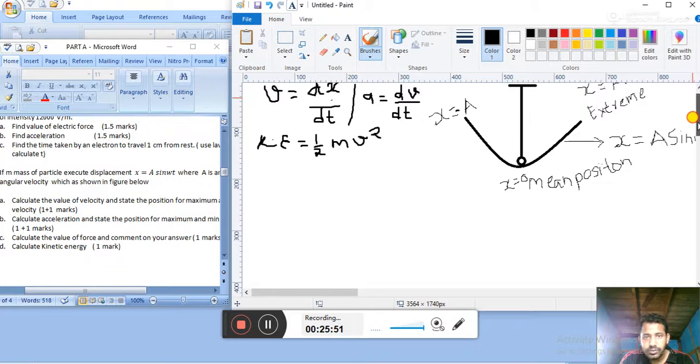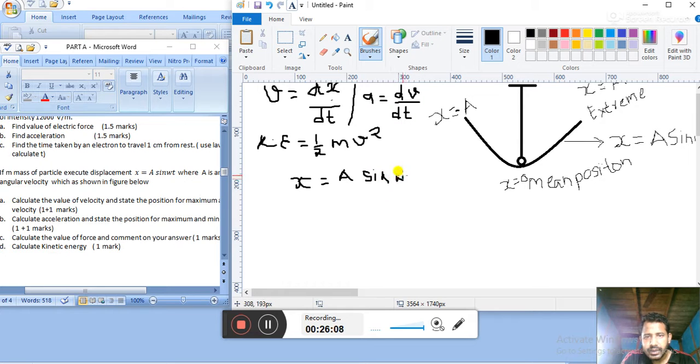So now write x equals a sin omega t. Now what is the derivative of this value?